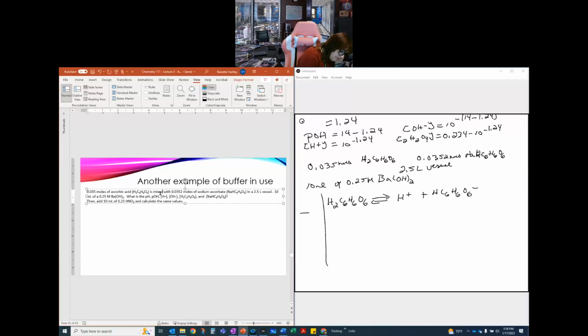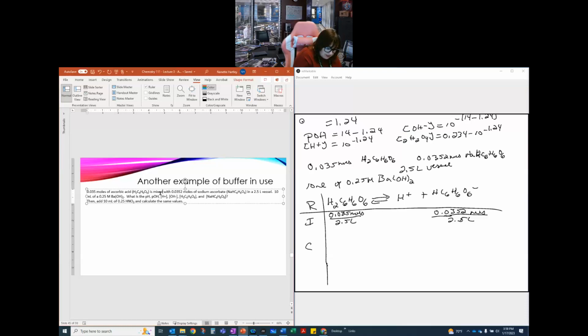Okay, initially, that's not a C, that's an R. I have 0.035 moles, and that's in 2.5 liters. And then this one over here is 0.0352 moles in 2.5 liters. And then I do my change to this, right?